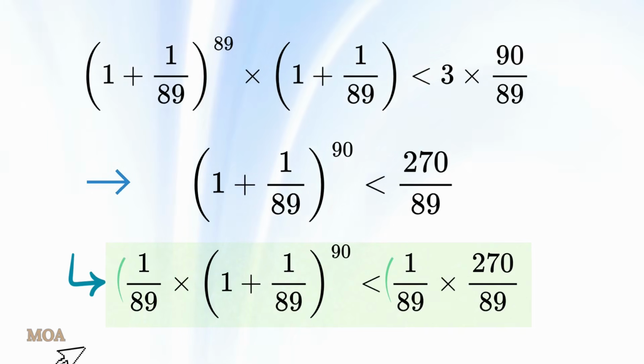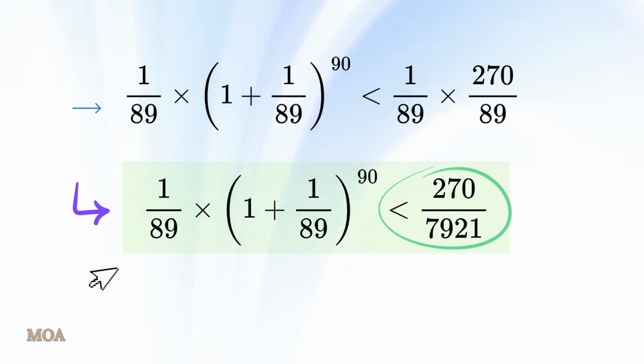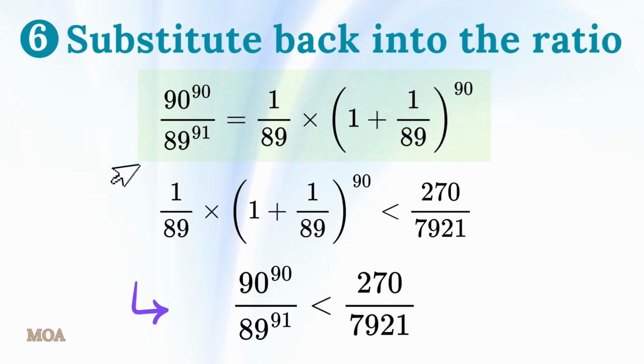Computing the product on the right side gives exactly 270 over 7,921. This implies that 1 over 89 multiplied by the quantity 1 plus 1 over 89, all to the power of 90, is strictly less than 270 over 7,921.